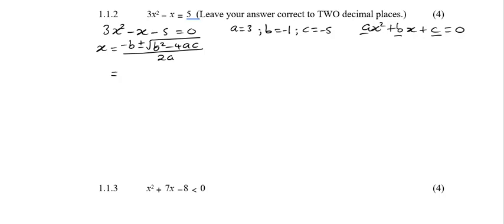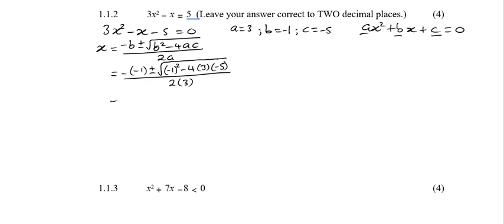Then we do a substitution. Then b is negative, so it's negative into negative 1, plus or minus square root of negative 1 all squared, minus 4 times a which is 3, times c which is negative 5, all divided by 2 times a, and your value of a is positive 3.